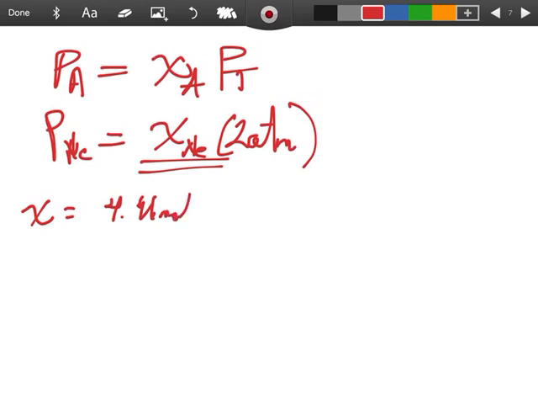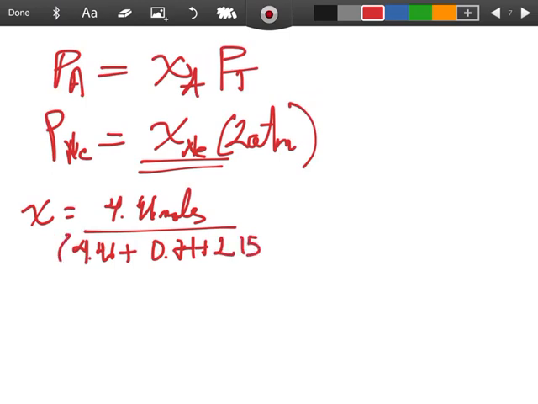So X of neon is going to be 4.46 moles over 4.46 plus 0.74 plus 2.15, and all of these are moles.